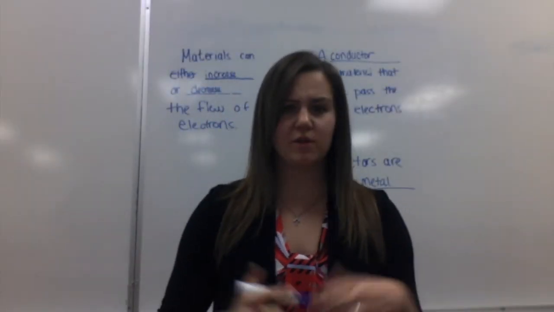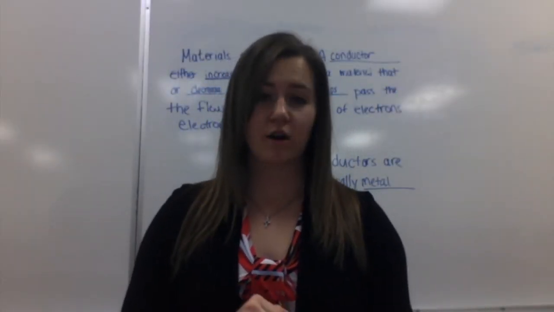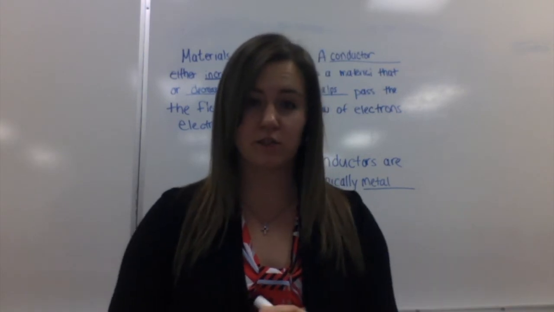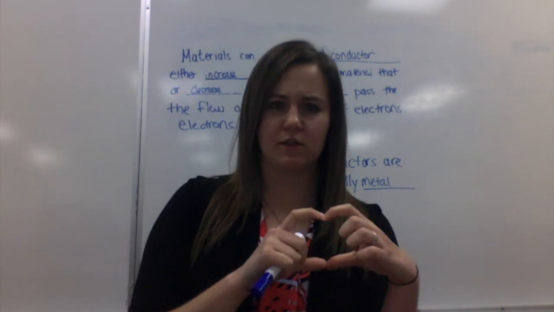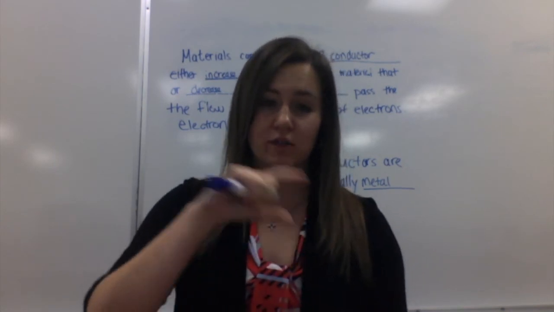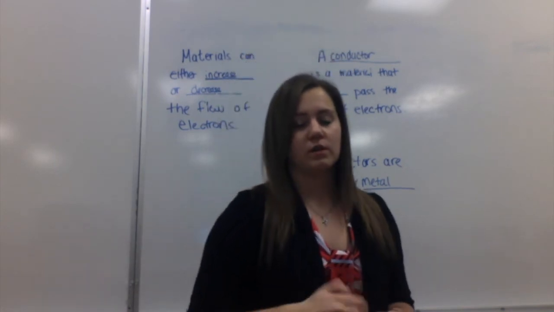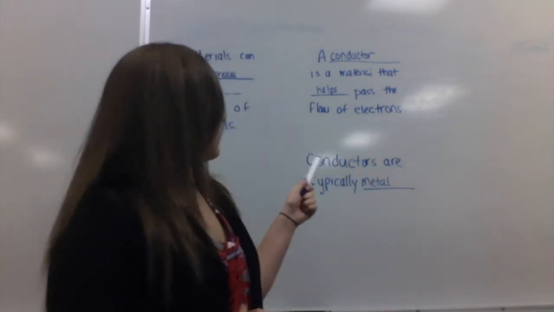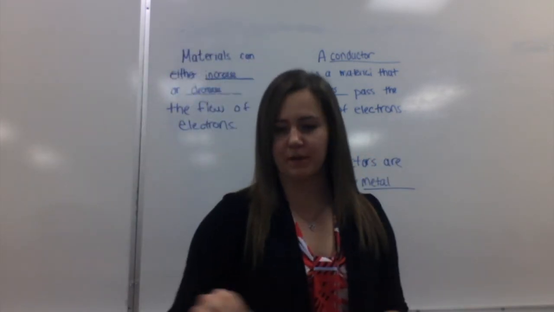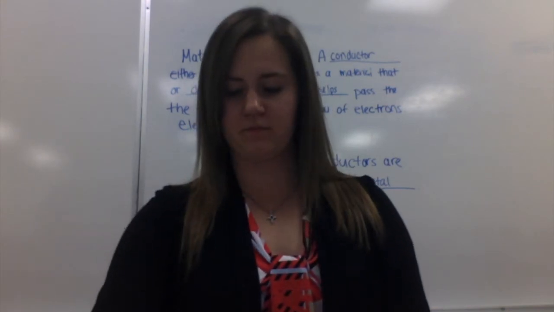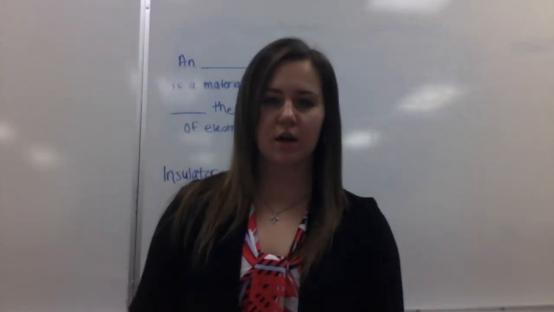Alrighty, now that we understand what a conductor is, go ahead and draw in your series circuit that we had drawn originally and put something in there that would be considered a conductor, and then illustrate to me what the light bulb would do. So remember, a conductor is a material that helps pass the electrons through. Okay, go ahead and do that. Okay, now we're going to talk about insulators.